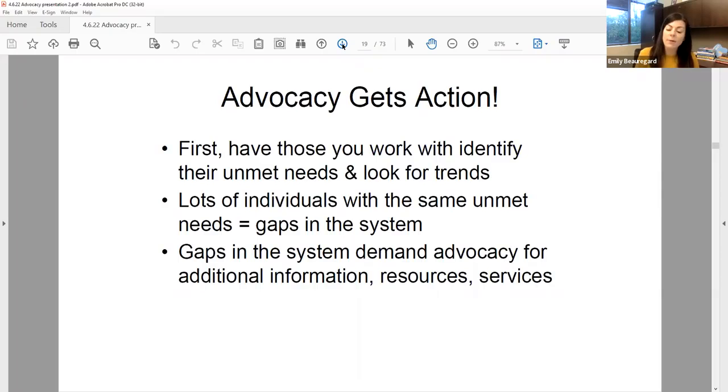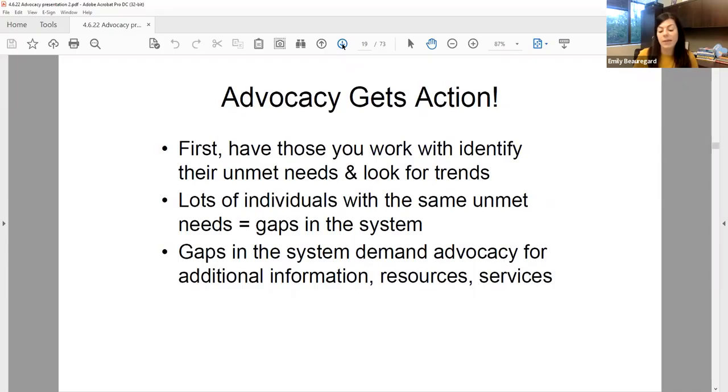Working at the state level with the legislature, with the Cabinet for Health and Family Services or the Kentucky Housing Corporation, you can advocate for improving or expanding many safety net programs that your communities rely on, like Medicaid, SNAP, which is food assistance, and then housing assistance. There are lots of ways that we can focus that advocacy. But aside from focusing on a specific policy, another way to advocate is to participate on advisory councils.